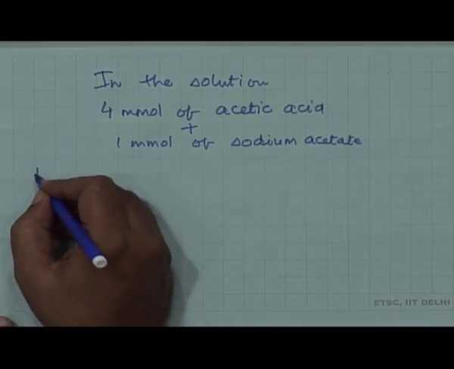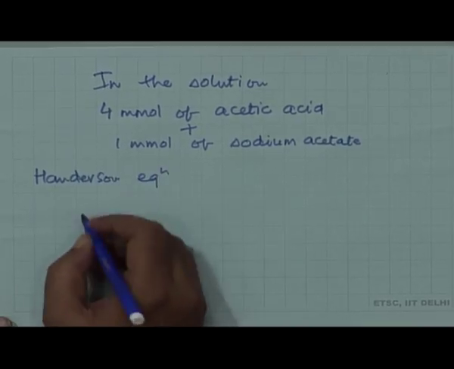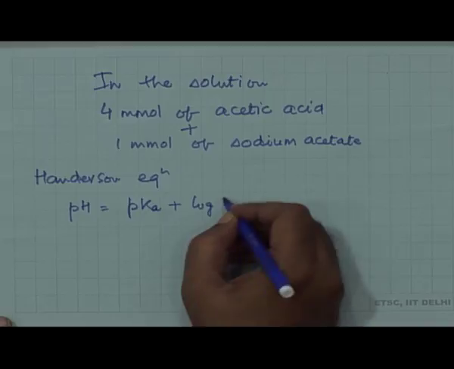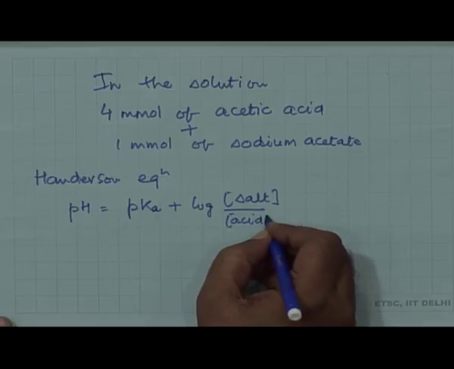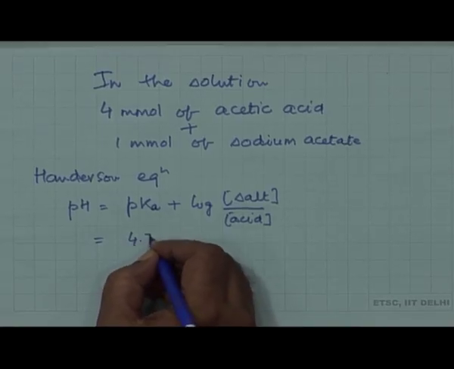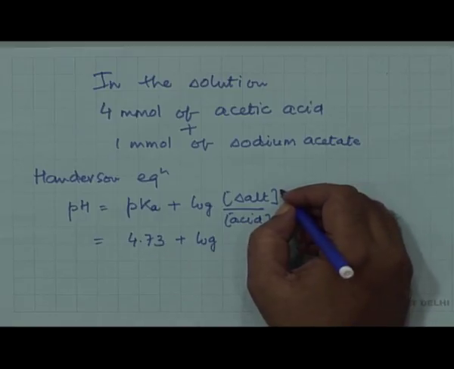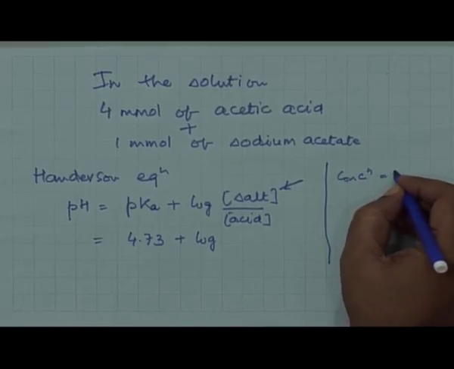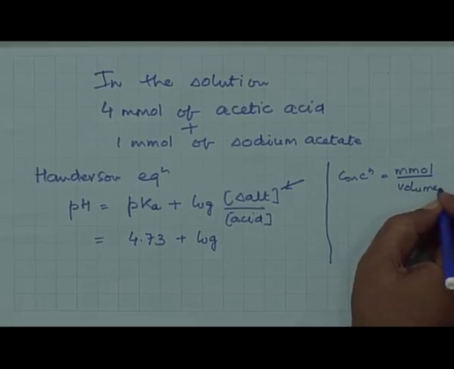So, we can apply the Henderson-Hasselbalch equation, which tells that pH is equal to pKa plus log of salt by acid. So pH is equal to pKa, which is 4.73, plus log. To calculate concentration, we apply concentration equals millimole divided by volume in ml.